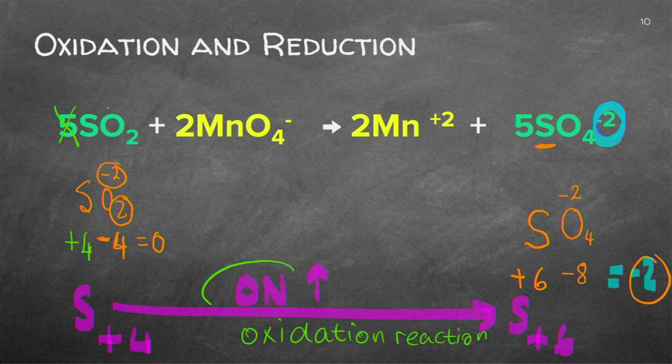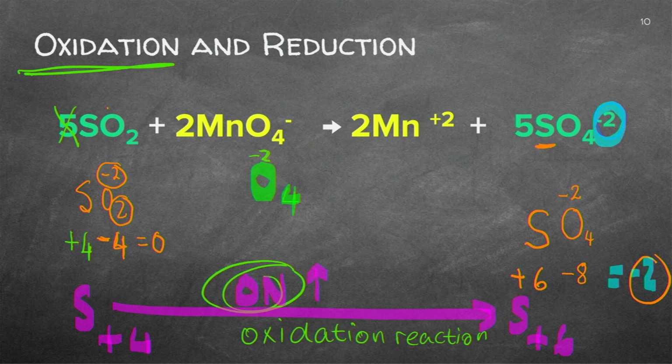How can we determine if it's oxidation with the oxidation numbers? Let's go to the other reaction. Here we have permanganate, and it's going to be manganese ions. So I've got the oxygen there. I've got 4 of them. I know that I've got a minus 2 for every oxygen.